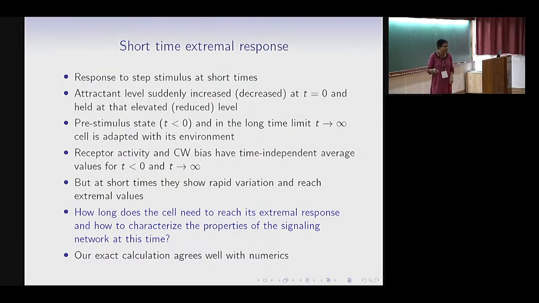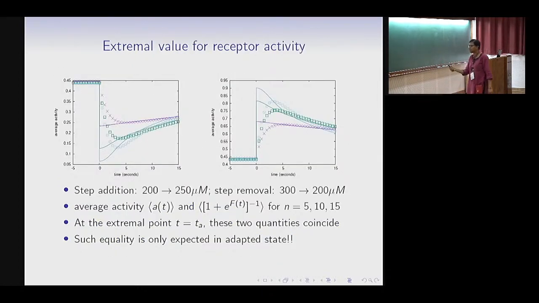But at short times, right after I have given the stimulus, these quantities show rapid variation, they reach extremal values. And I am interested in the question, how long does the cell need to reach its extremal response, and how to characterize the properties of the signaling network at that time. We have been able to do an exact calculation for this limit, and it agrees very well with our numerical data. So this is our data.